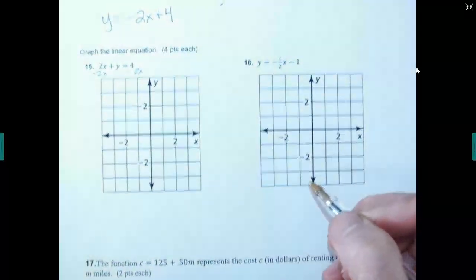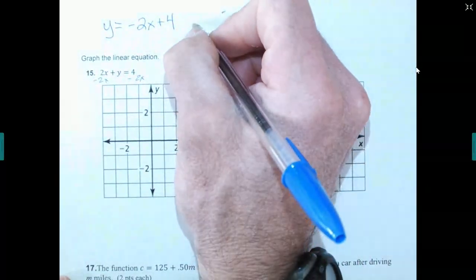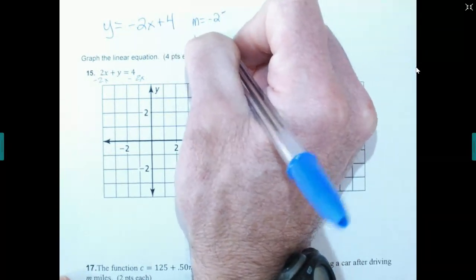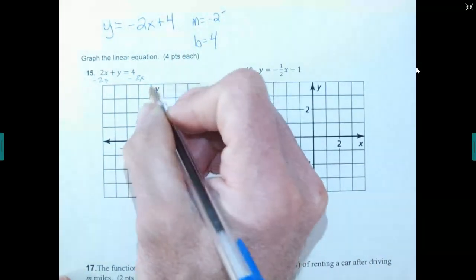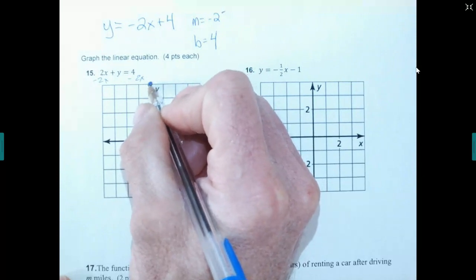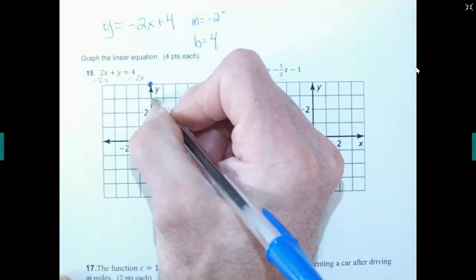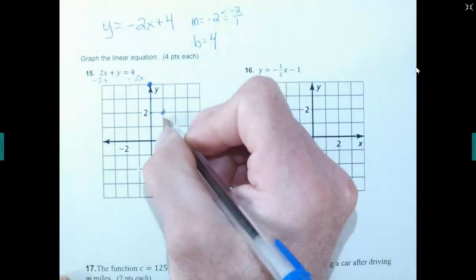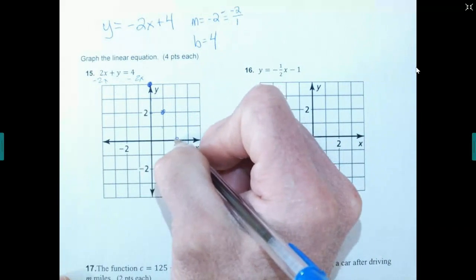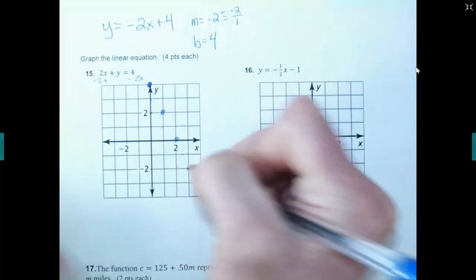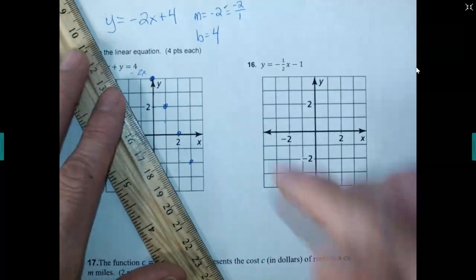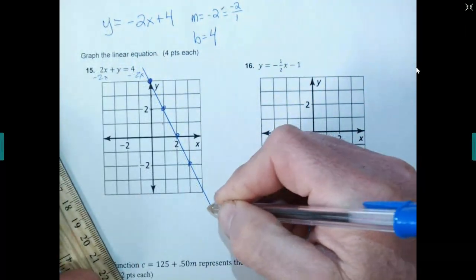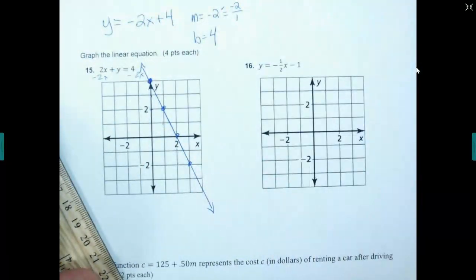Once I get y equals negative 2x plus 4, I know my slope is -2, and my y-intercept is 4. 1, 2, 3, 4. So I go up to 4. And then -2, I go down 2 and over 1, because -2 is the same as -2 over 1. Down 2 over 1. Down 2 over 1. So our line looks something like that. Just like that.